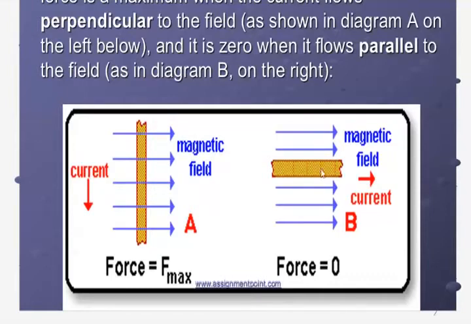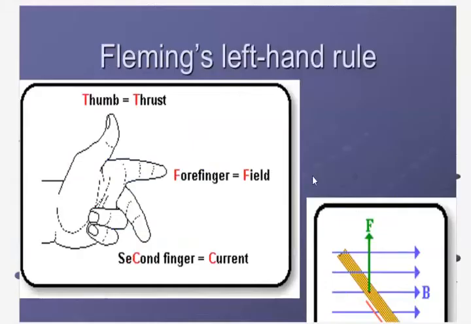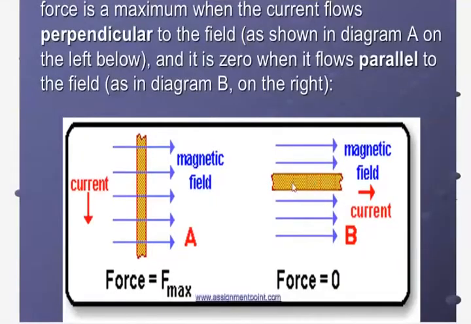But in this situation, you see here current and magnetic field both are parallel to each other. Therefore, the angle between the current and magnetic field is 0. So sine 0 equals 0. Therefore, F equals ILB sine theta equals 0, because sine 0 equals 0.